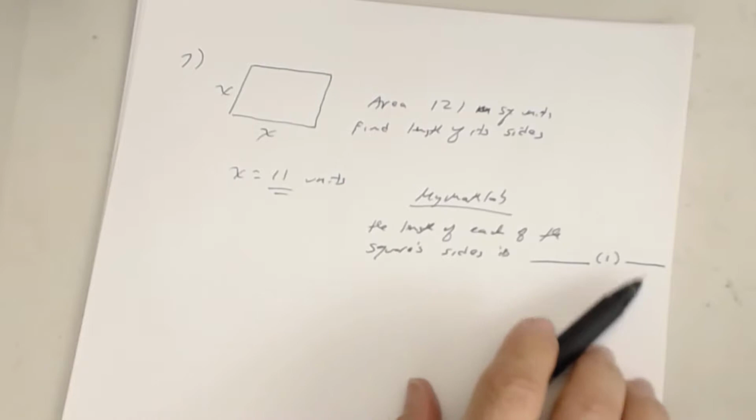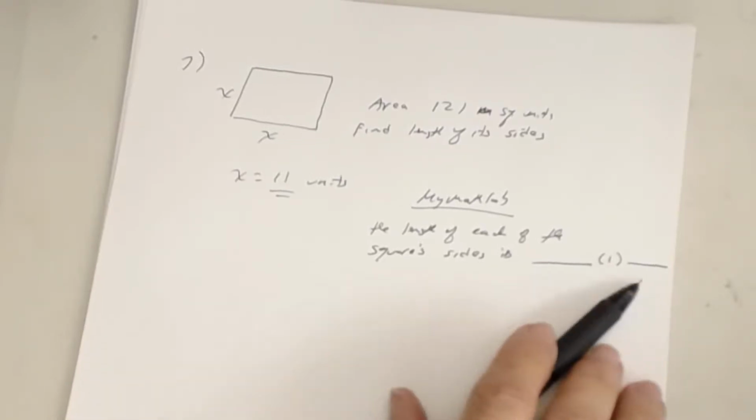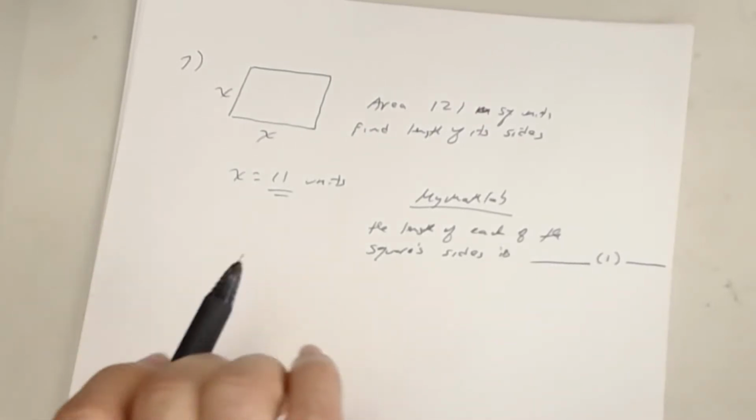So blank 1 blank. Okay? Now let's think about what goes in those blanks, so before we talk about 1.